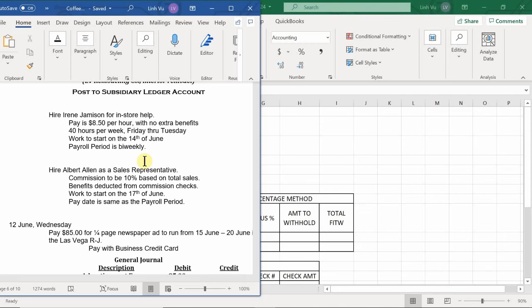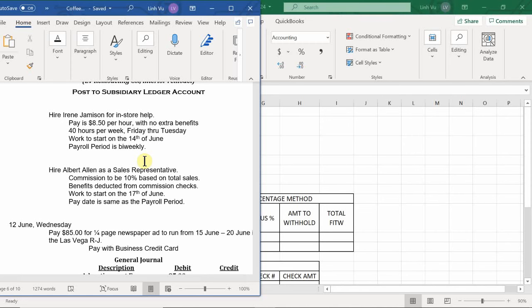They're going to be based off of commissions, which is 10% of sales. Right now, because we're starting off slow, our goal here is to give 10% of every sale that we earn. And benefit deductions are going to be from commissions, which in this case, they're an independent contractor. No benefits or deductions are going to be offered.